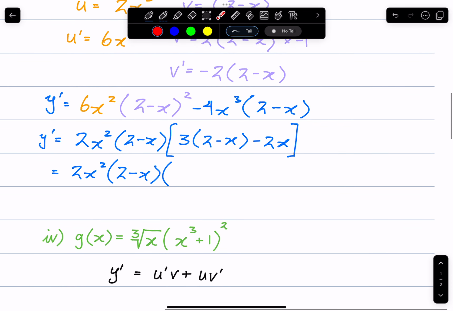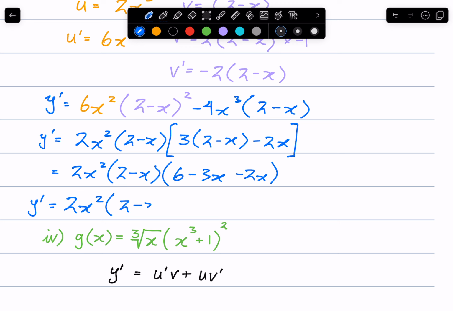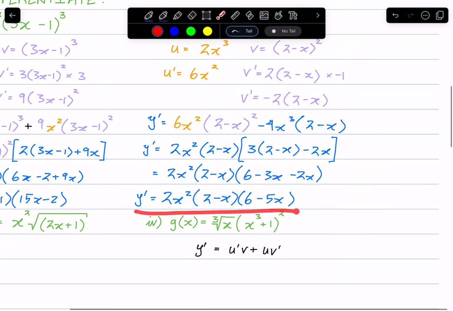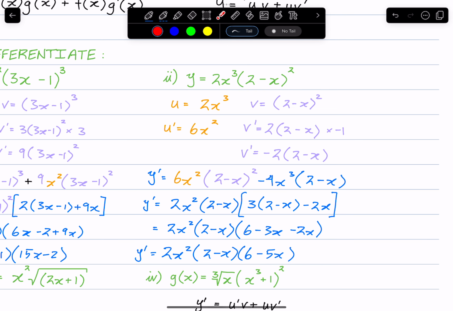Expanding this, 3 times 2 gives us 6 minus 3x. So we expanded this, and that minus 2x is still here. So a fully simplified version of this expression is 2x squared, 2 minus x, 6 minus 5x. So that is the derivative, fully simplified, of this expression.